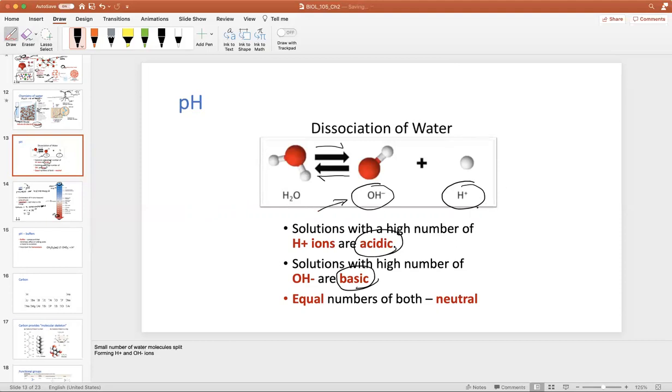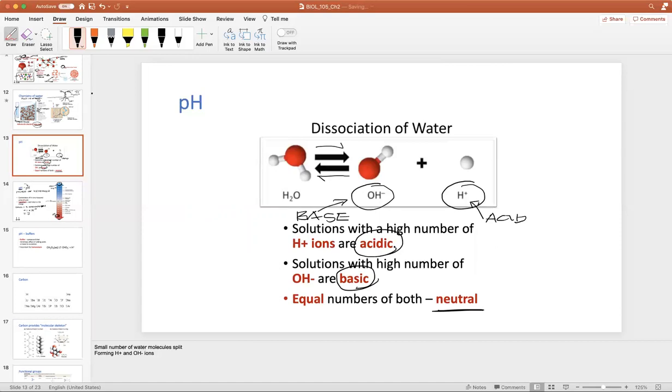So when you're talking about an acid, what you're really talking about is the number of hydrogen ions, and when you're talking about a base, it's how many hydroxide ions, or how few hydrogen ions you have, is another way of thinking of that, okay? If you have equal numbers of both, then that's considered to be a neutral solution, all right?